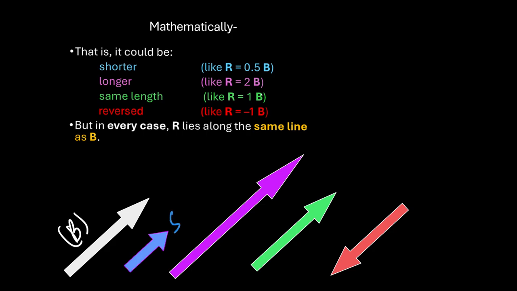This represents the shorter version, and this may be the reversed one. This represents the same length, and this represents the longer version. So this is what parallel vector means. But in every case, R lies along the same line as B. So this is R, this as well, same as this. In all these cases, R lies on the same line as B.